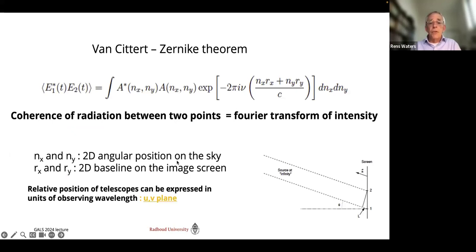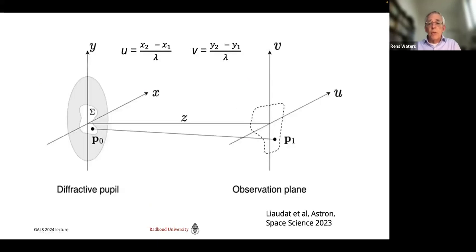If you do that for many different telescopes, then you can actually reconstruct the image. Often the coordinates used are not the projected baseline lengths, in this case in direction x and y, but are normalized to the wavelength, and then we call them U and V. So if you read papers about interferometry, you will see a lot about the UV plane, the plane in which you can project the different baselines.